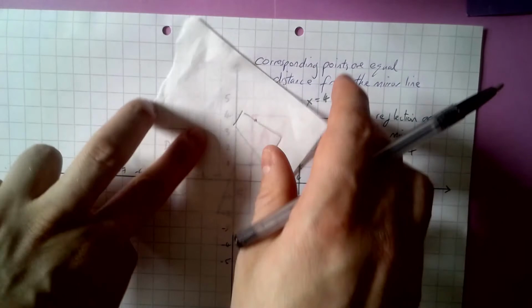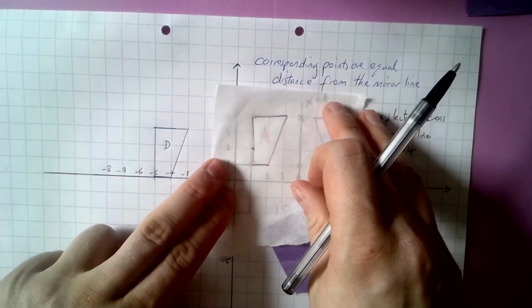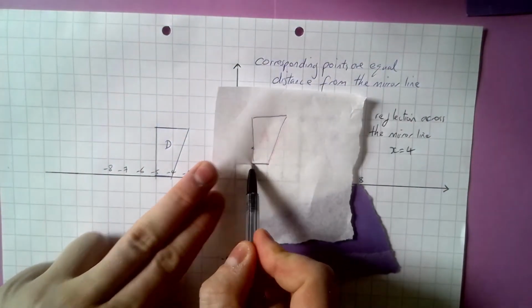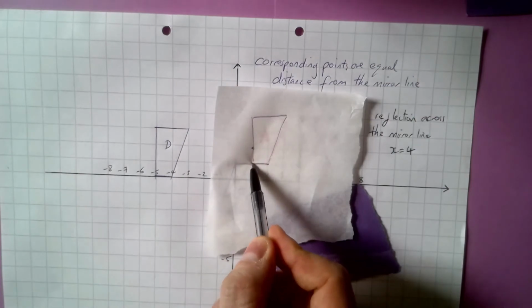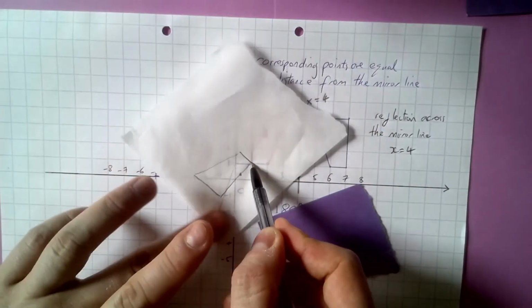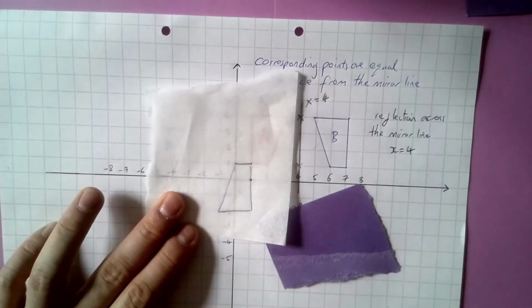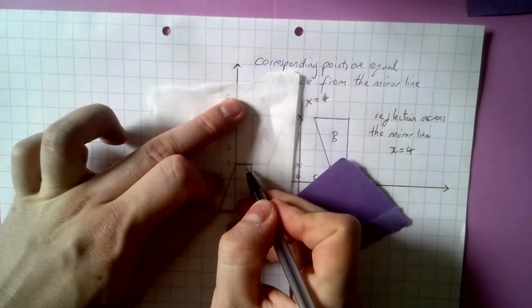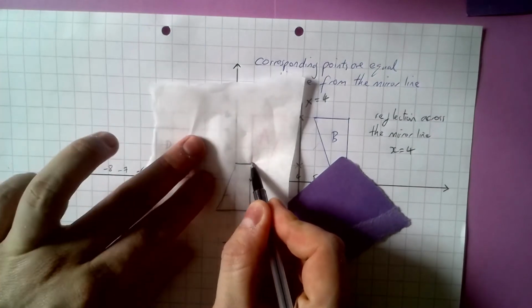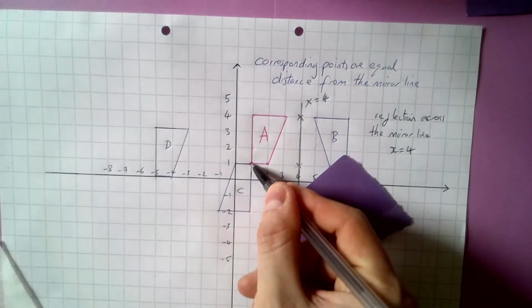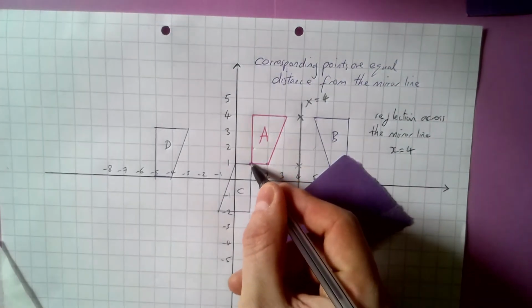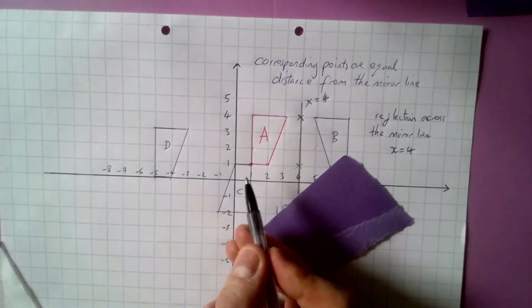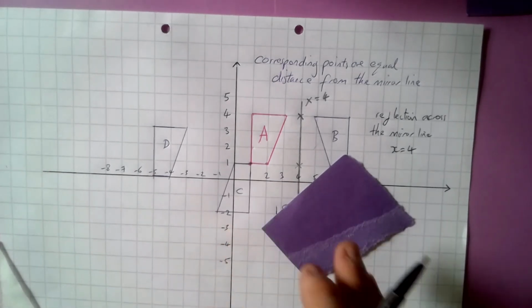So I'll restart and I'll choose this corner here. Again, I'm just doing trial and error really, but I can picture that that's going to turn around and fit perfectly onto shape C. So that point there, where they match up, the point 1, 1, using the graph, that is where the centre is going to be.